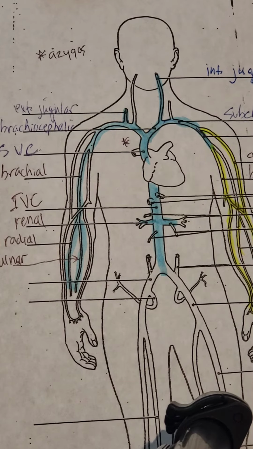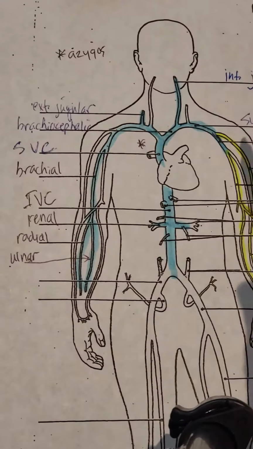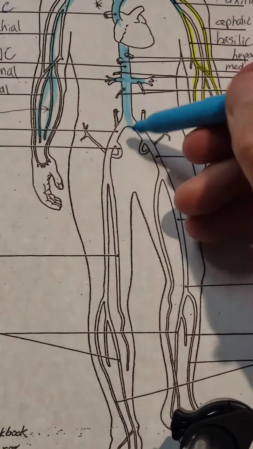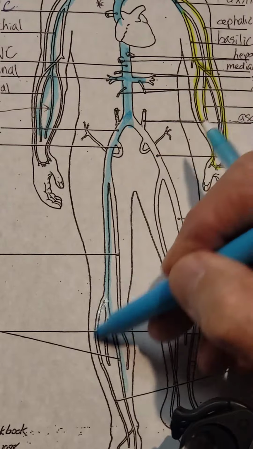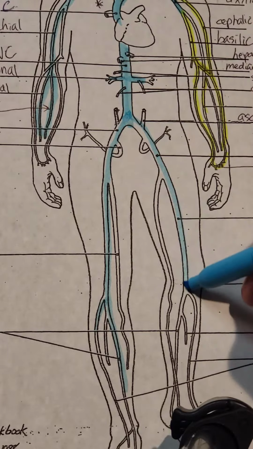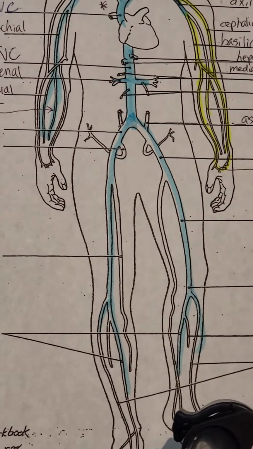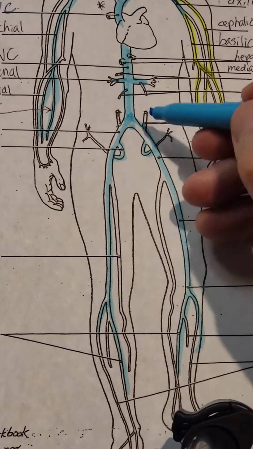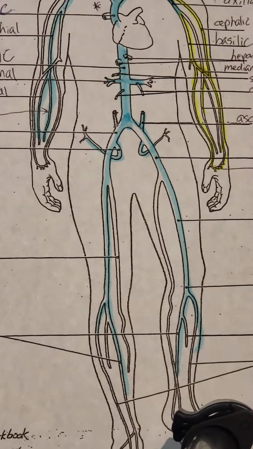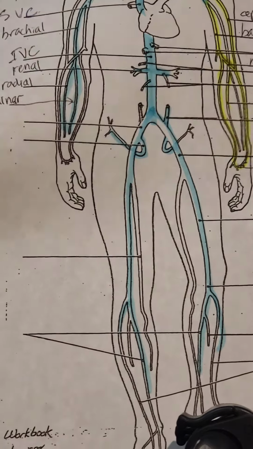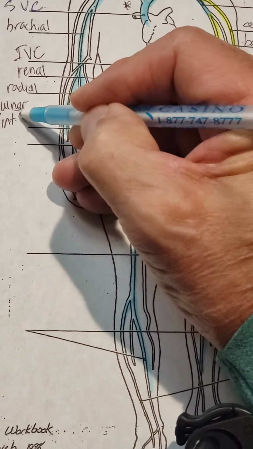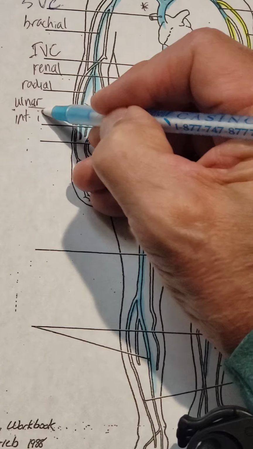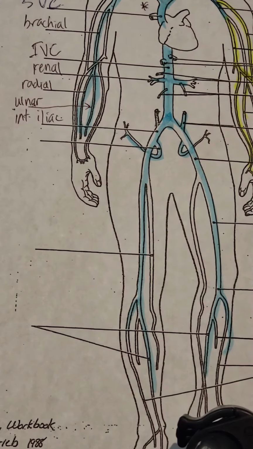Then we're going to have this same split that we saw earlier when we looked at the arteries. We're going to come down this way, and let's color these in like this and go down from there, and we'll keep those that way for right now. On the right and left sides, we have the internal iliac veins, INT, iliac veins, right and left.